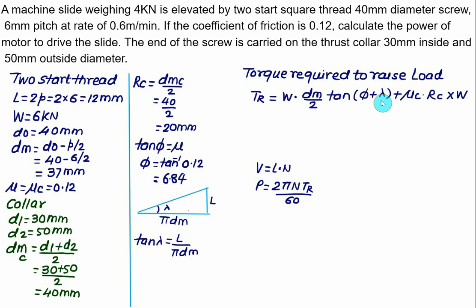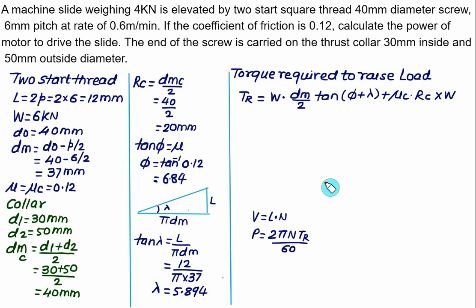We have a standard procedure to calculate the value of lambda, that is tan lambda equal to L divided by pi dm. This time we have lead is equal to 12 divided by pi, and we have mean diameter of the thread is equal to 37. Solve this and you can obtain the value of lambda is 5.894. So each and every term is known now.